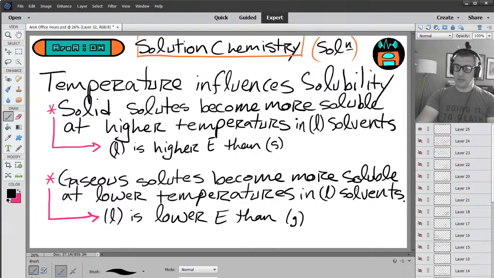The other thing that can affect gases, this doesn't apply to liquids, is pressure.